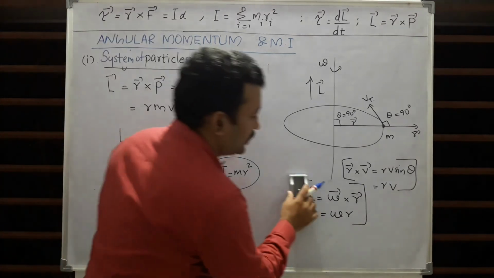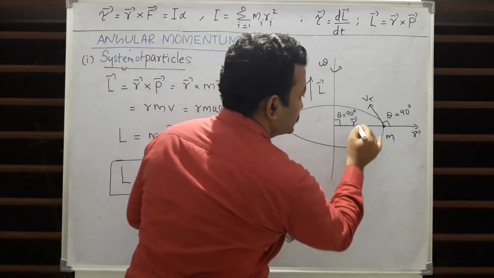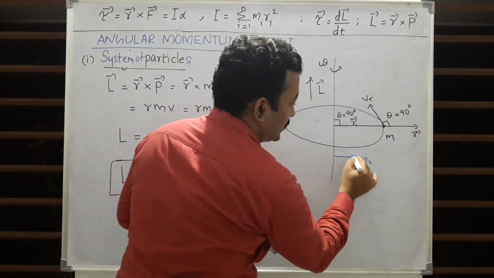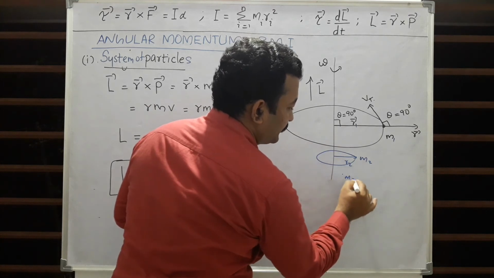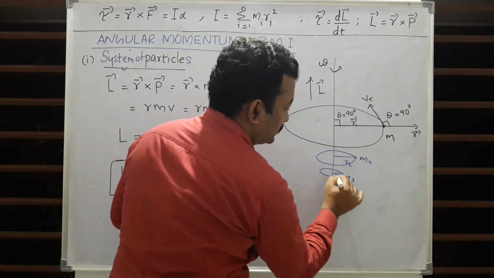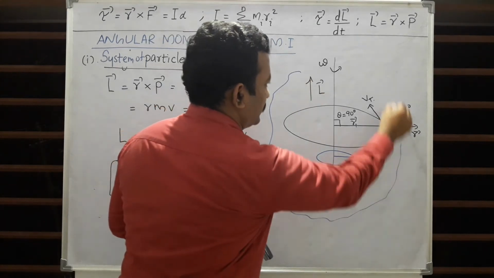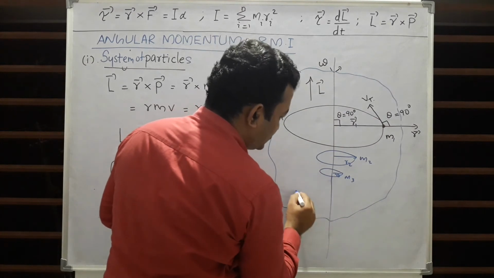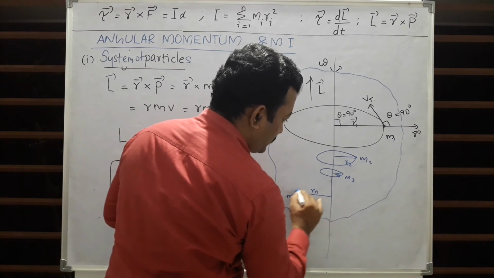That means instead of one particle m1 at r1, I have m2 at r2, m3 at r3, and similarly if there are n particles, mn at a distance of rn.